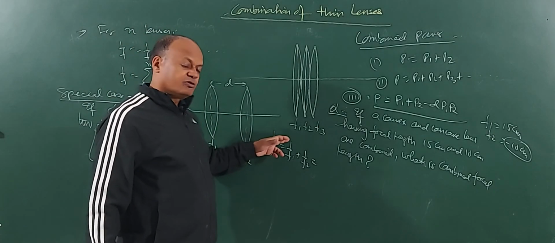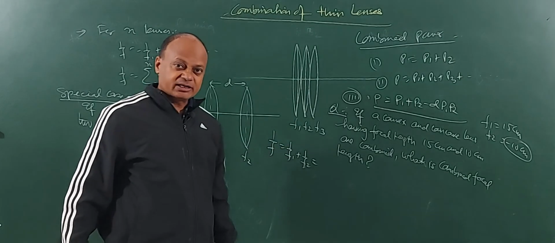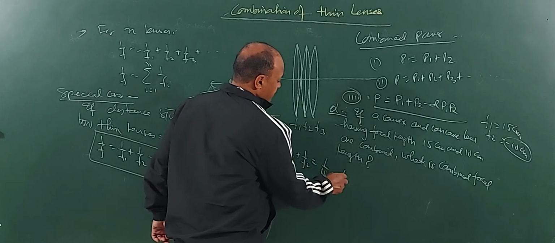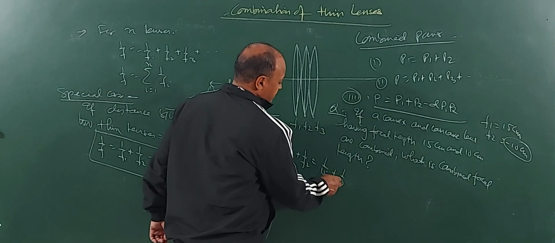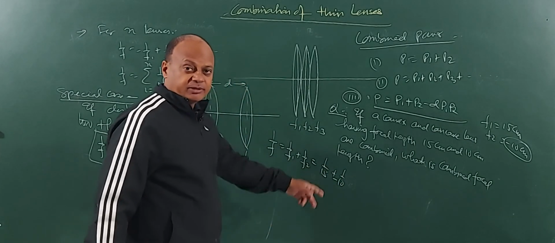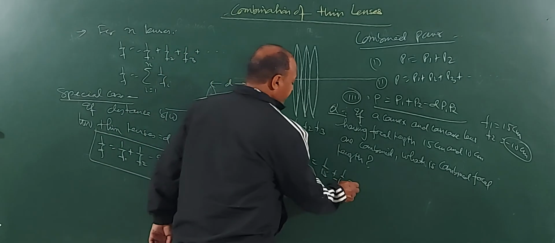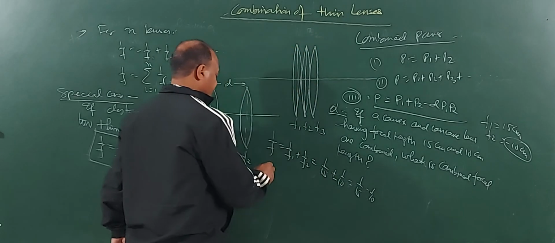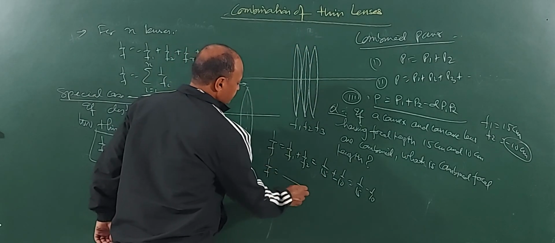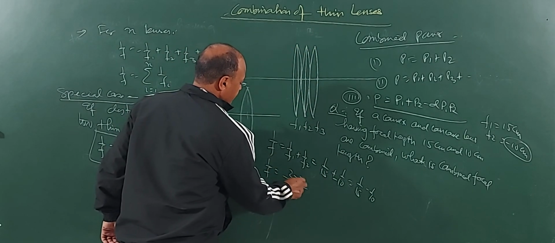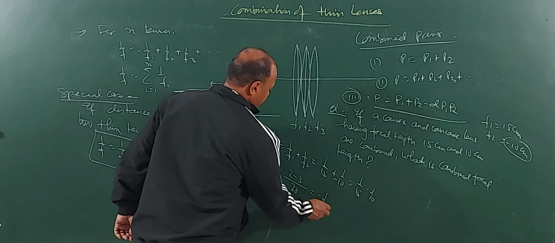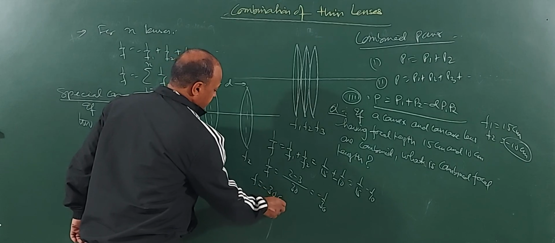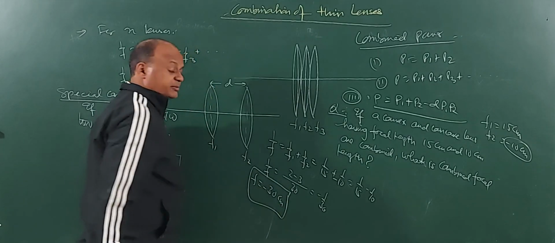So 1 by f is equal to 1 by f1 plus 1 by f2, as both are kept in contact. So 1 by 15 minus 1 by 10. The LCM is 30. So 1 by f is equal to (2 minus 3) by 30, which is minus 1 by 30. So how much is f? Minus 30 centimeter.